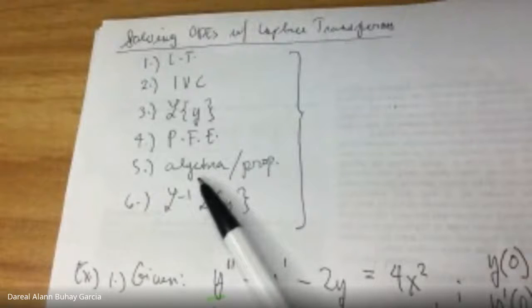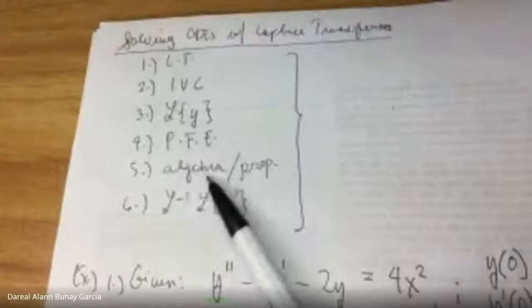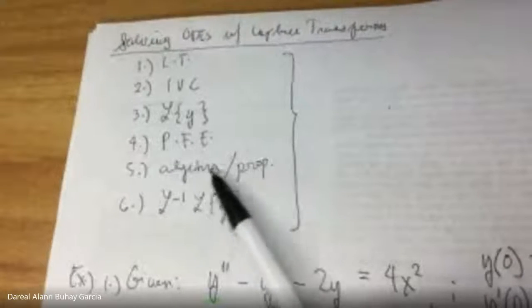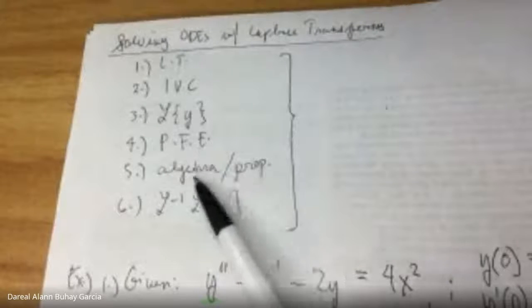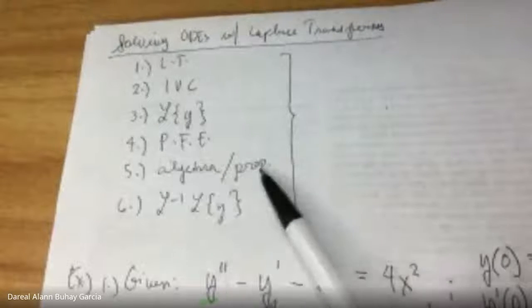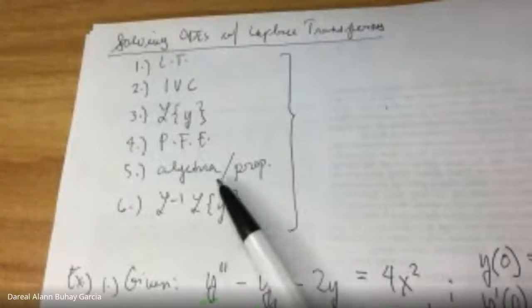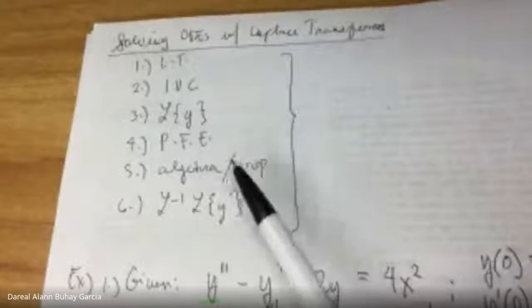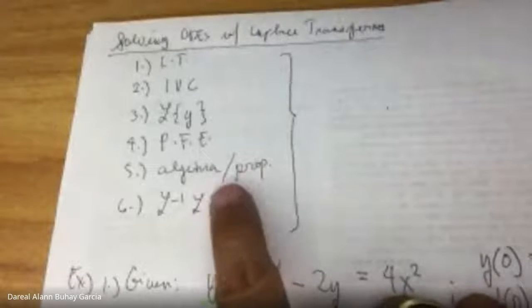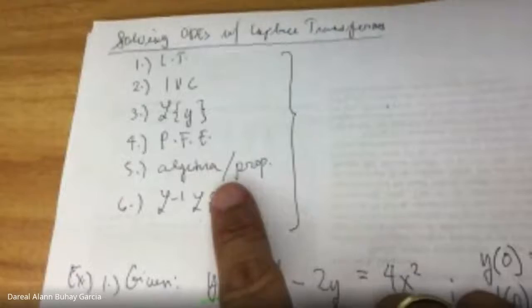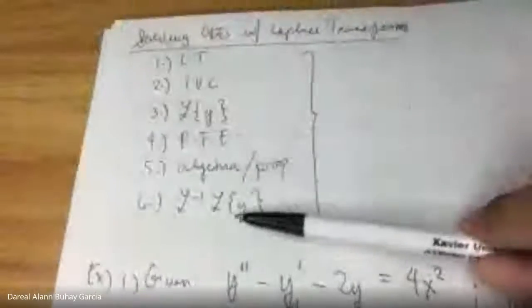Although we performed algebra for simplification only, we did not perform algebra for compensation or use properties of Laplace transform to make it readily invertible. So we skipped step 5. After partial fraction, we go straight to inverse Laplace.